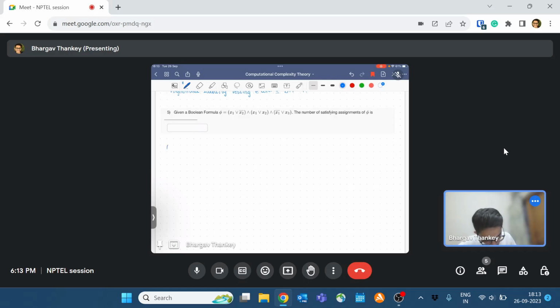Okay, so the formula over here is this. Can you tell me what I can write these two as?